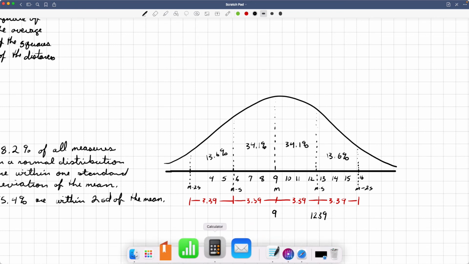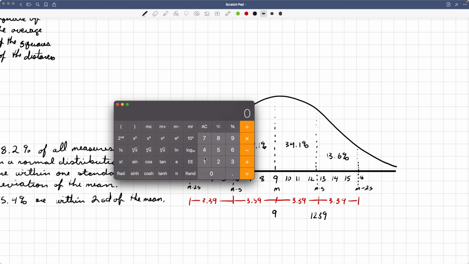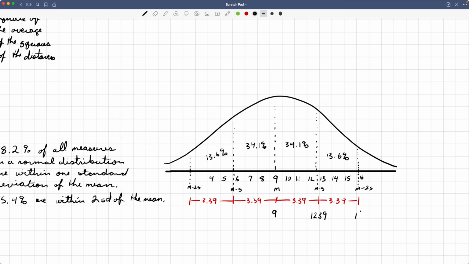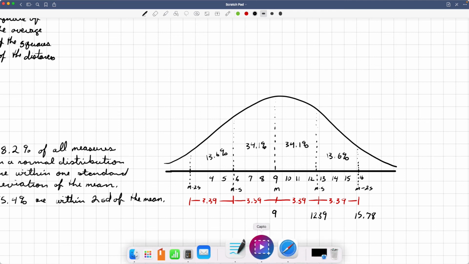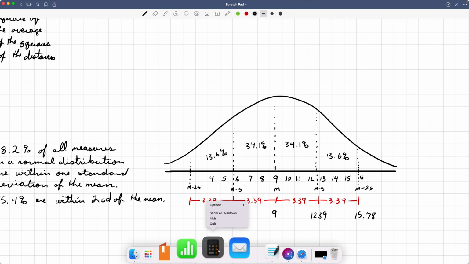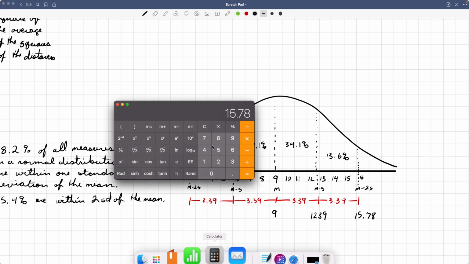And I'm going to use my calculator to do the rest of this because I can't do it all in my head. Plus 3.39, that's going to be 15.78. So this is 15.78, from this previous one. And then I'm going to find my other standard deviations by subtracting. So I'm going to say 9 minus 3.39, and that's 5.61.